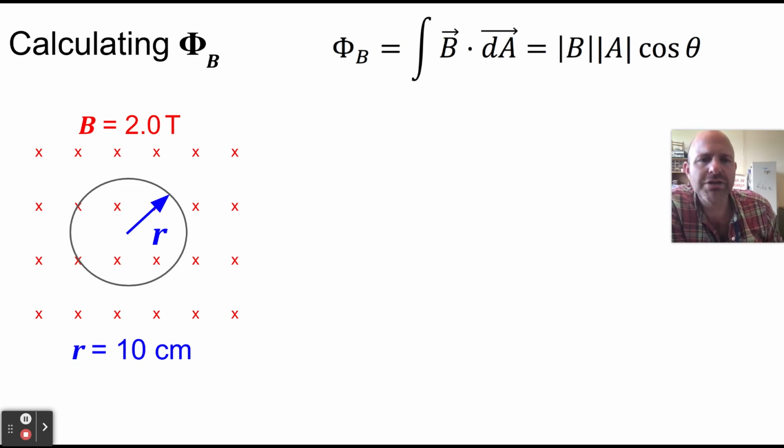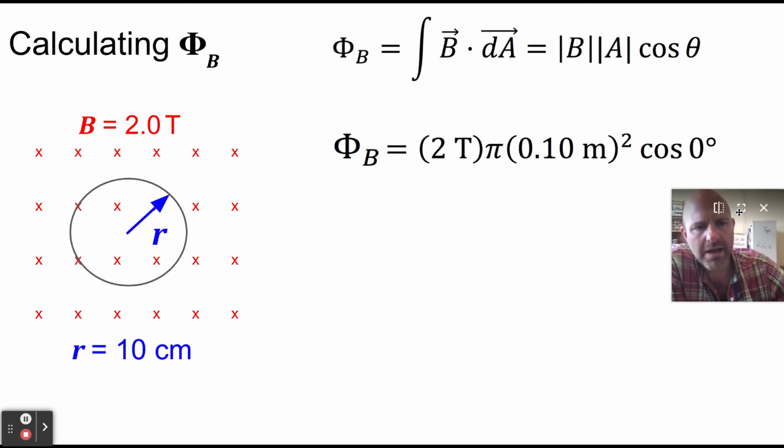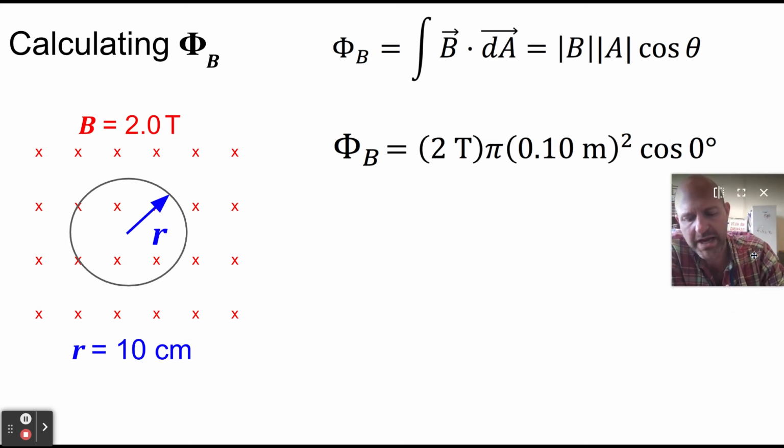So how do we actually do this calculation? Generally speaking, the area we're going to pick is not complicated, and the magnetic field is going to be constant everywhere on it. So the magnetic flux here is just the area of this circle, pi r squared, times the magnetic field strength.